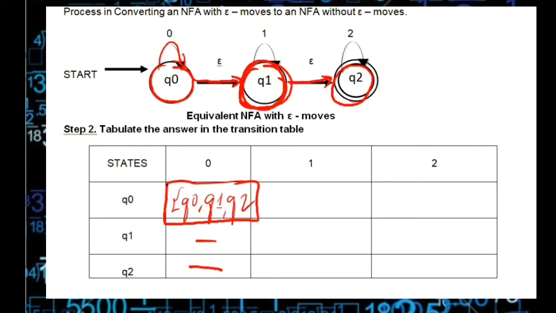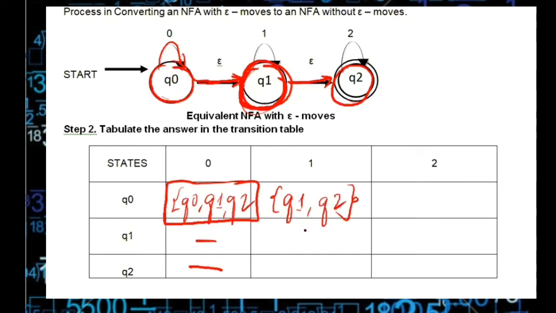Next, dito na tayo sa third column. Q0, pag nag-input ka ng 1, where will you go? Automatically, tatalbog siya dito, kasi meron tayong epsilon. Ito na siya, yung Q1. So, magiging sagot dito, Q0, pag nag-input ka ng 1, it will jump in Q1. And because we have another epsilon here, it will jump also in Q2.